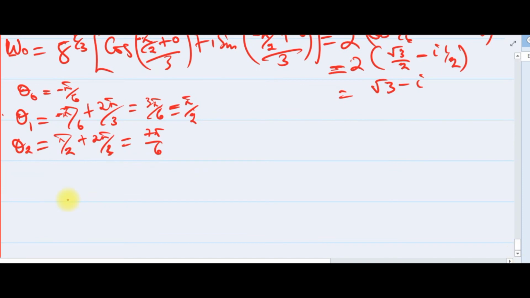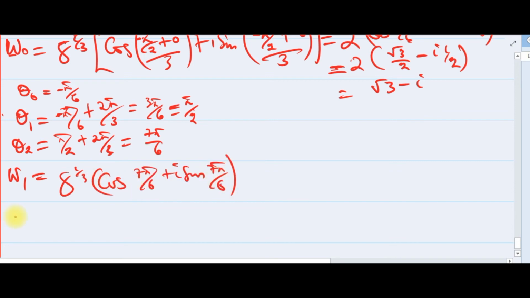So our second root is now 8 to the 1 over 3 times cos 7 pi over 6 plus i sine 7 pi over 6, which is 2 times, since pi over 6 is 30, cos 210, which is minus cos 30, which is minus root 3 over 2.